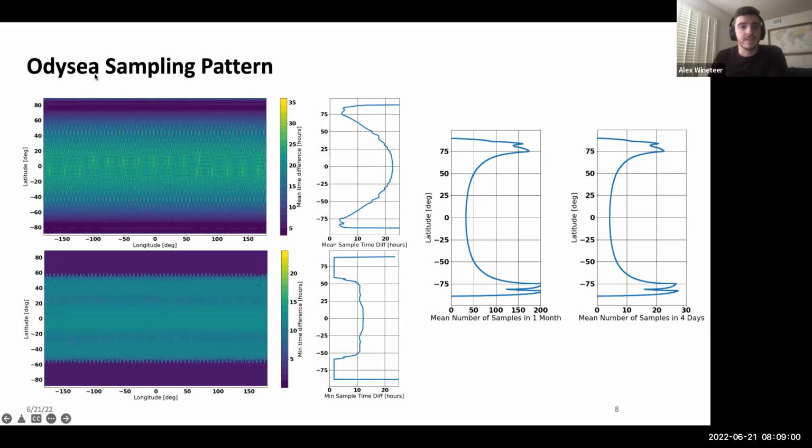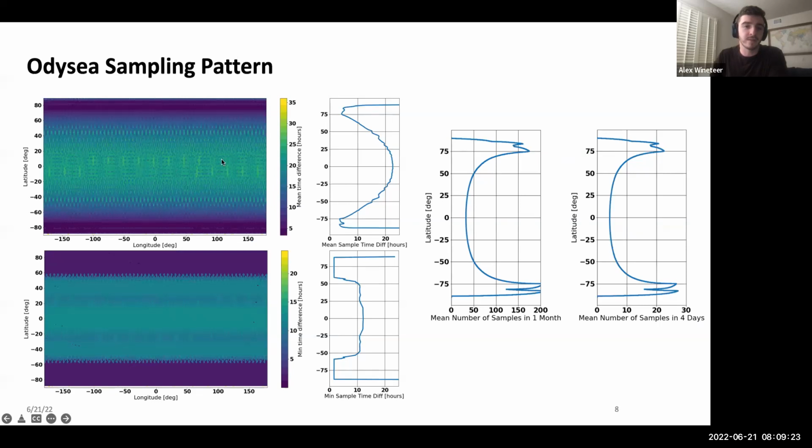Okay, so this is a global sampling pattern. I know there's a lot here. Just starting on this left-hand side, this is a global map, latitude and longitude, of the mean time difference between samples. If you take a bunch of Odysea passes and look at the mean time difference at the equator, it's about daily sampling, 24 hours.